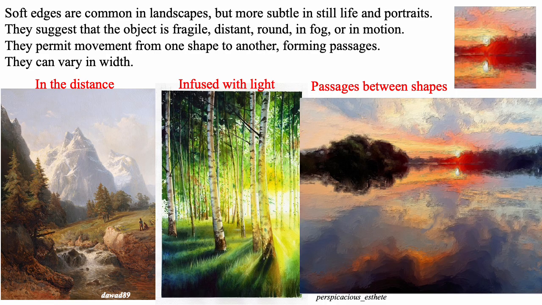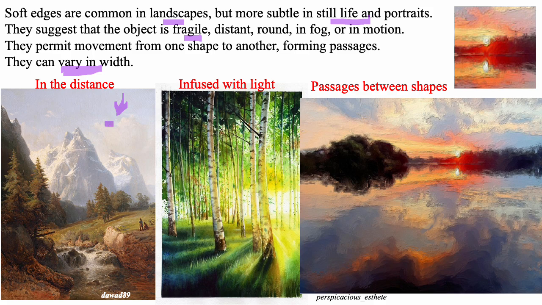Soft edges are common in landscapes and less common in other types of paintings, and they suggest that the object is fragile, distant, round, in fog, or in motion. And soft edges can vary greatly in width. Here we have atmospheric perspective, and one of the components of that is edge control.